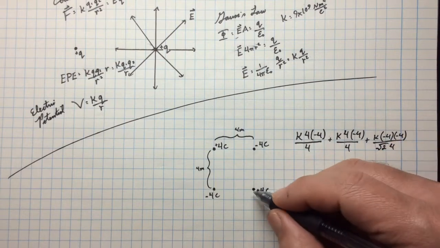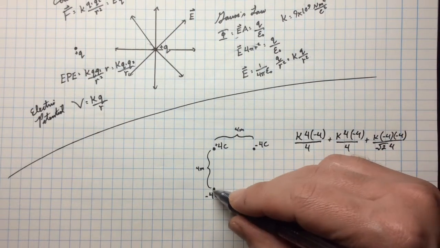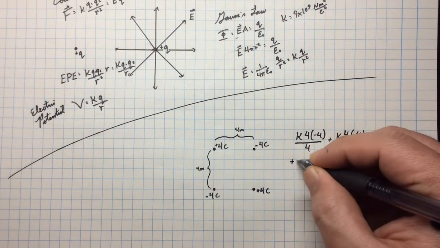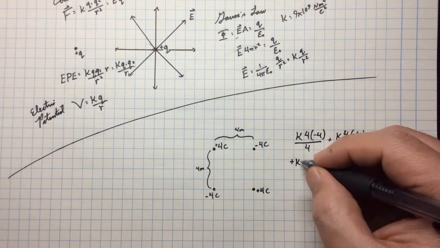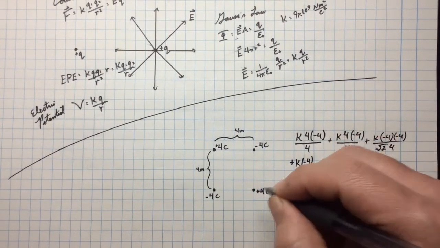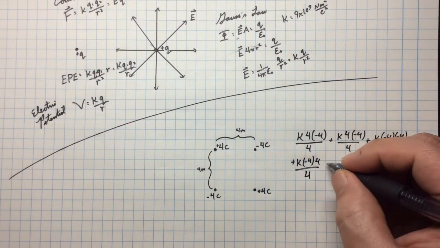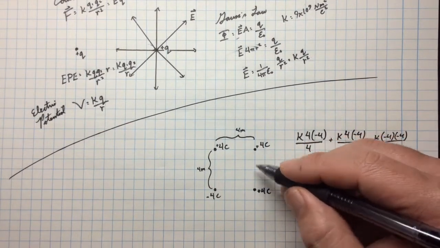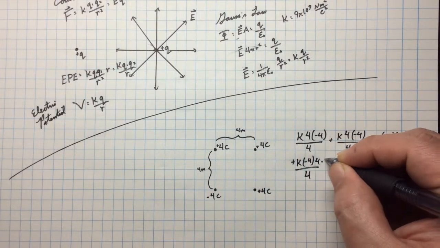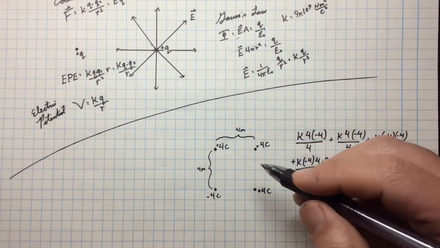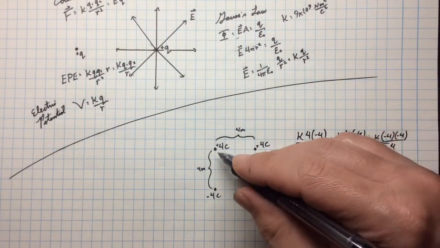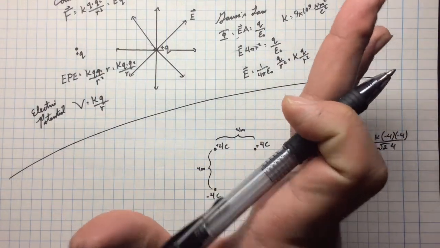And so let's place this charge here, and let's talk about what's going on with these two. So we're going to have to do plus K, Q, negative 4, Q, charge that we placed there, divided by the distance between them. And we got to do this one here. So, you know what, I'm just going to double that up. Exactly what I just did. And then I got to consider that these two, I have to push them together.